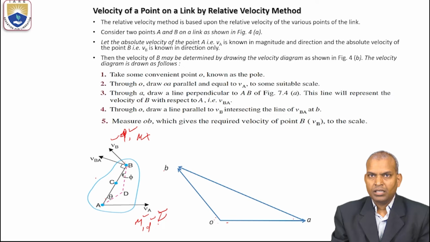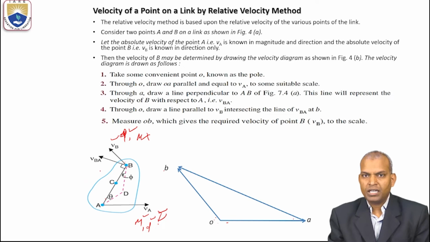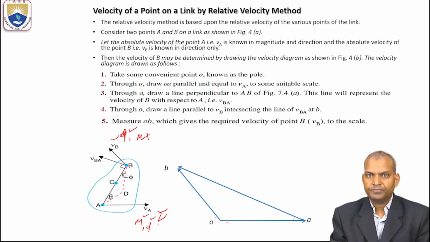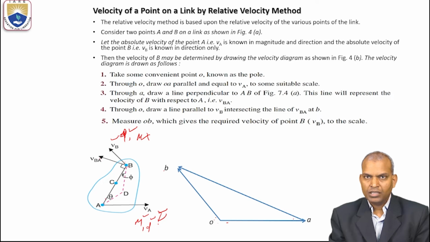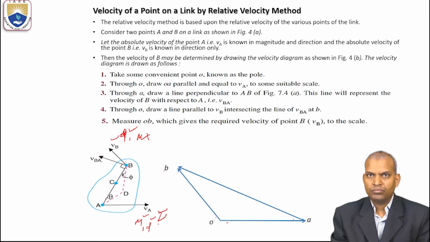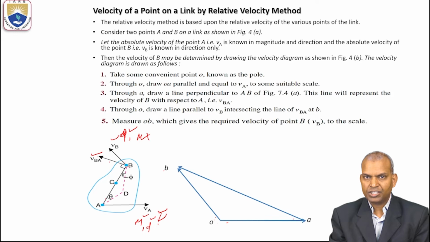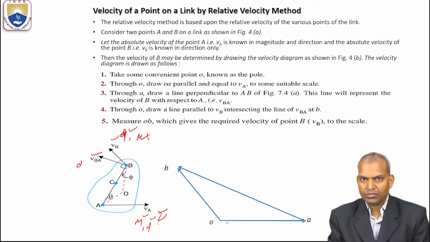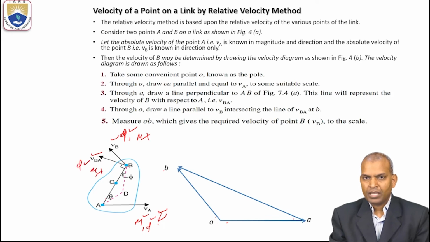And the next point is velocity of BA. In this BA also, we know only direction, but we don't know the magnitude. So how to find out the velocity of the point B?